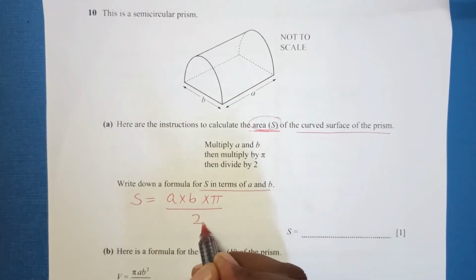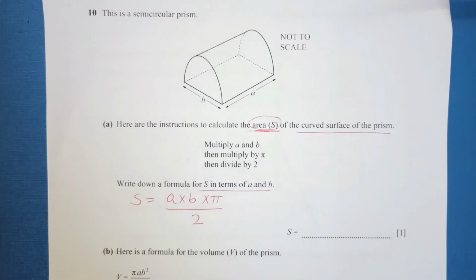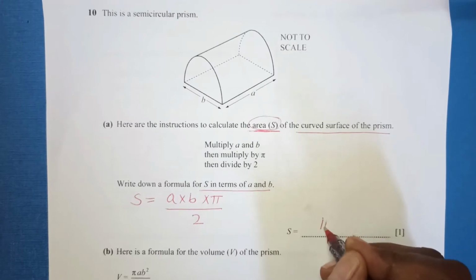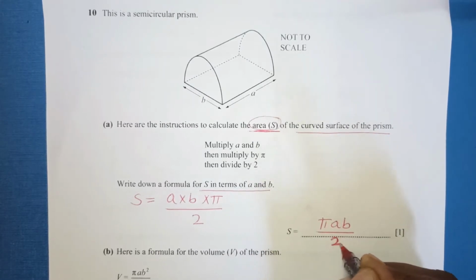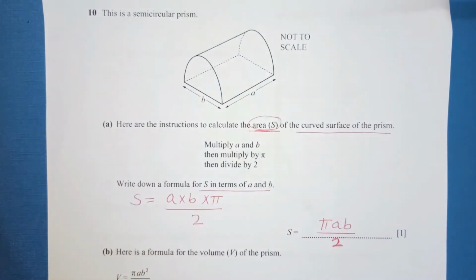So this is the formula, and we can directly write it down here: pi a b divided by 2.